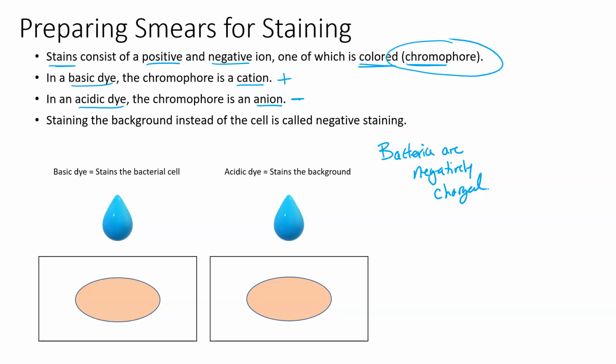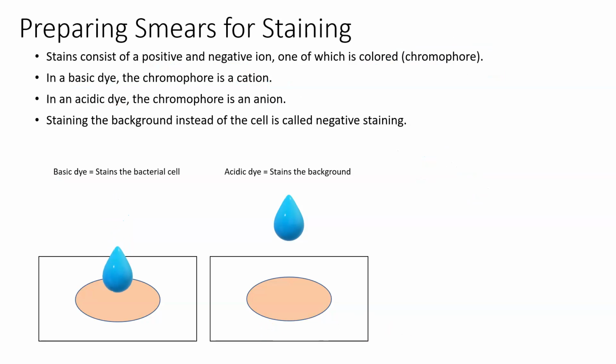Because bacteria are negatively charged, that dictates which stain we want to use in order to differentiate the structures we want to see. If we want to stain the actual bacterial cell, we're going to use a basic dye, because that means the colored dye, or the actual chromophore, is a positively charged ion.